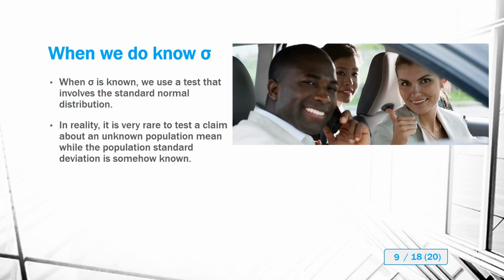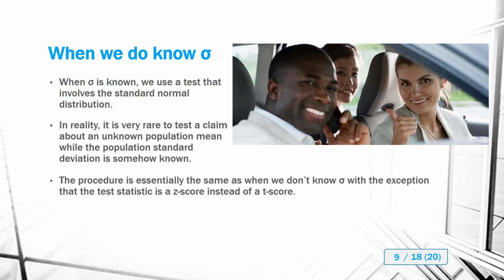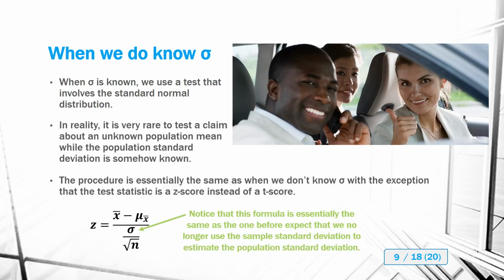But in the event that it does, the procedure is essentially the same. We just have to calculate a test statistic z-score instead of a t-score. And the equation that we use is here on the screen towards the bottom left. Notice that this looks suspiciously familiar. That's because this is the exact same formula that we used to calculate the t-score with one important difference.